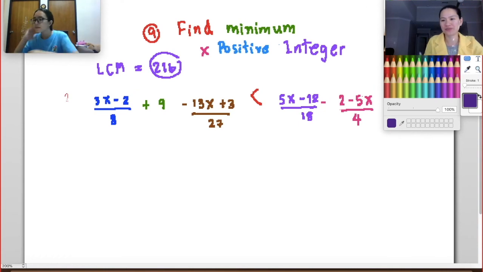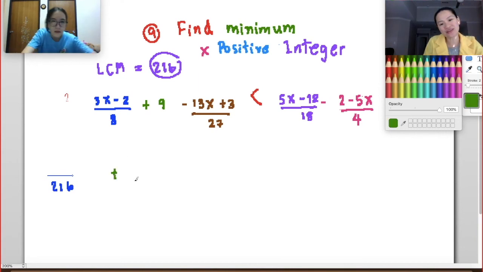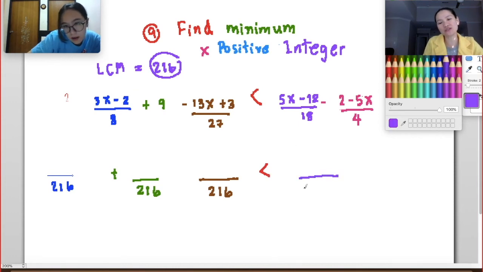You want to make everything divided by 216, and then you plus this one, 216 too, and then this one you minus, whatever that one is, 216, and it's less than 216, because you want to make all the denominators the same. This one, 216.